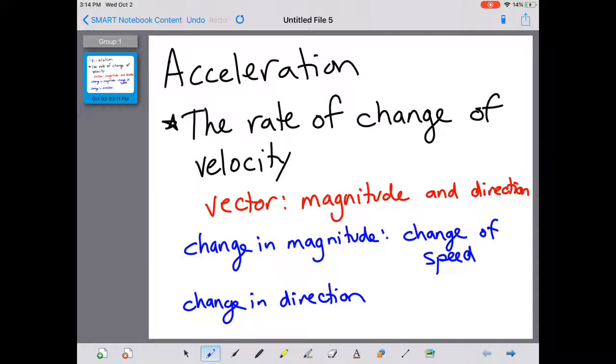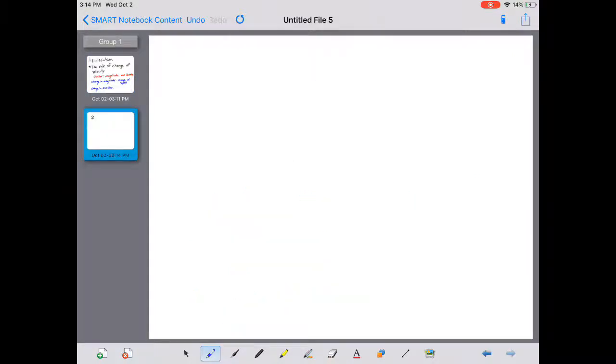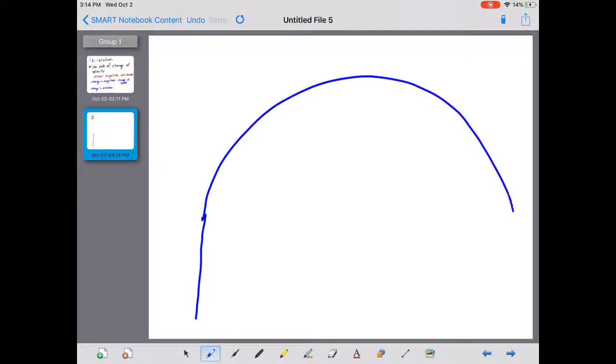So a scenario where you would be changing direction but not changing speed: let's imagine that you are driving along in this direction and then you hit a turn, and you turn your car. Let's say that you stay at the same speed, say 60 miles per hour.